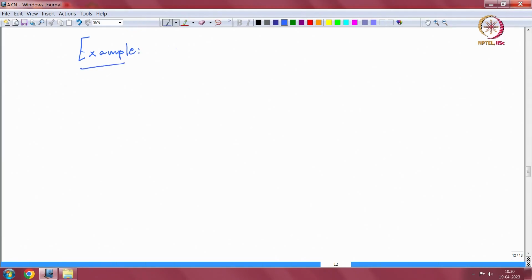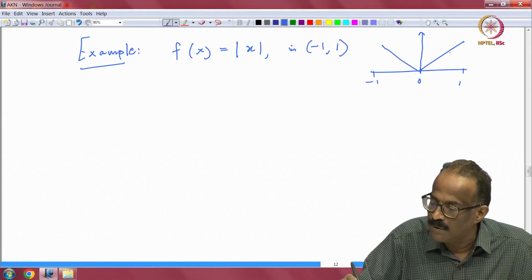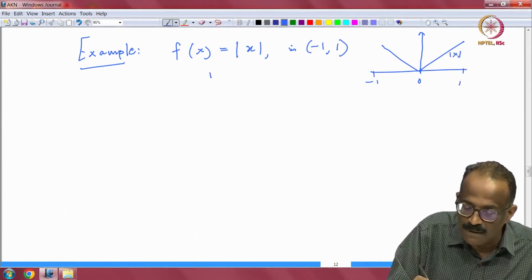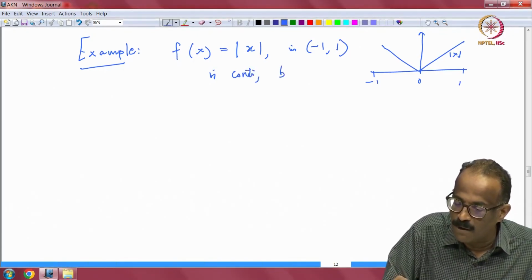Consider the function f of x equal to modulus of x in minus 1 to 1. This is your function: 0 here, minus 1 here, and 1 here. The function mod x is continuous, but not C1.